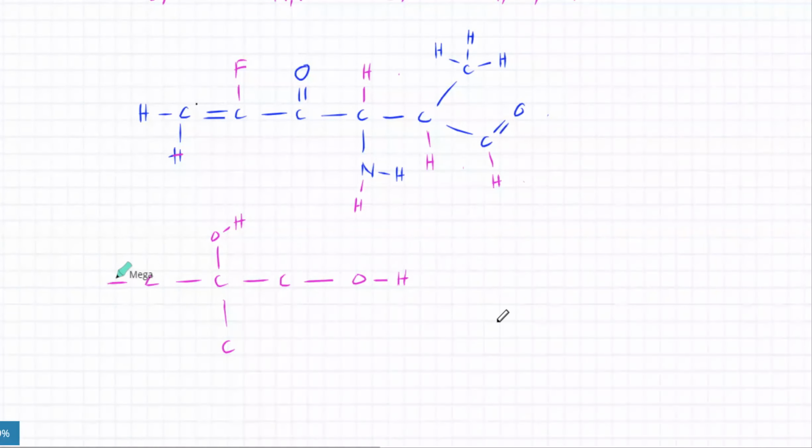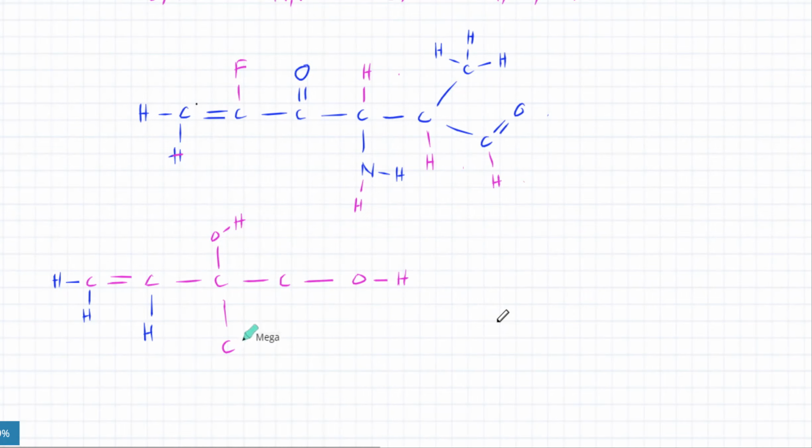Let's say I have a bucket full of hydrogens and I'm going to add hydrogen. How many hydrogens should I add to this carbon atom? 2. The next one, how many hydrogens should I add to this one? 1. Should I add any hydrogens with this carbon atom? No. Or this oxygen atom over here? No. What about the carbon at the bottom?